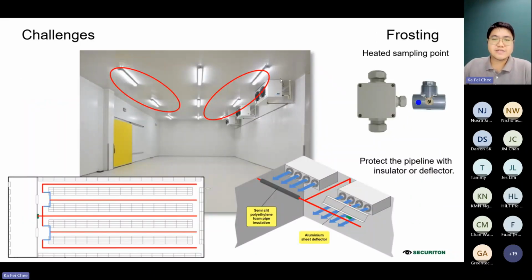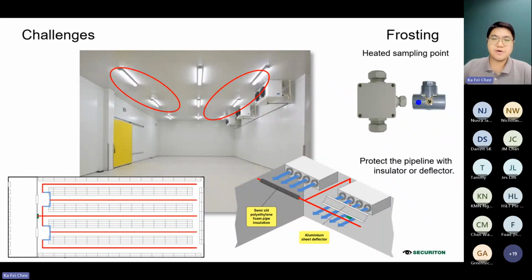Okay, then just now we mentioned the sampling point without the heating element. You will clog up all those sampling points and there will be no smoke particles transported back to the ASD for analysis. So in this case, we have the unique solution from Securiton, which is the heated sampling point.